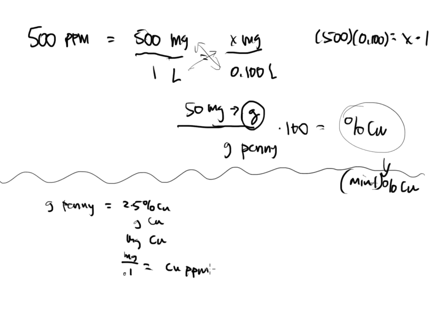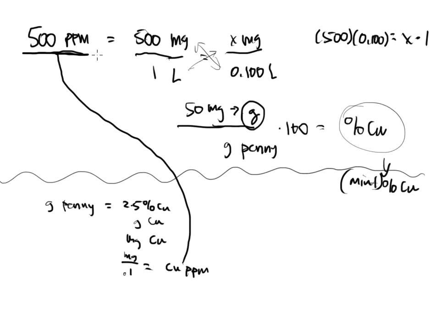And this would be if it was 2.5%. This is what my copper parts per million solution would have been. And then I could compare that to the original parts per million from my calculation. It's just another way to look at it from the top down, instead of the bottom up, right?